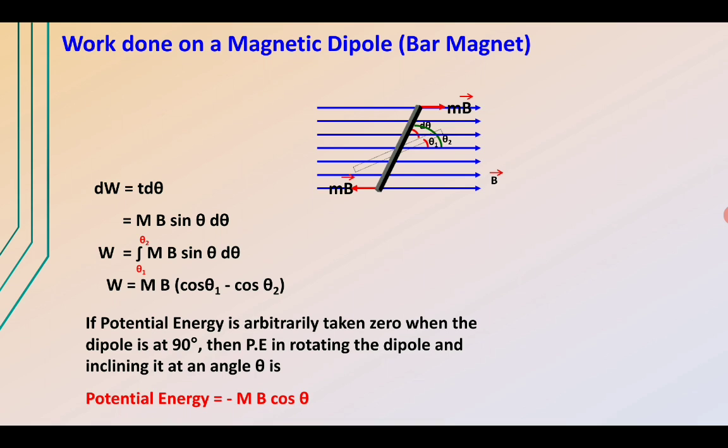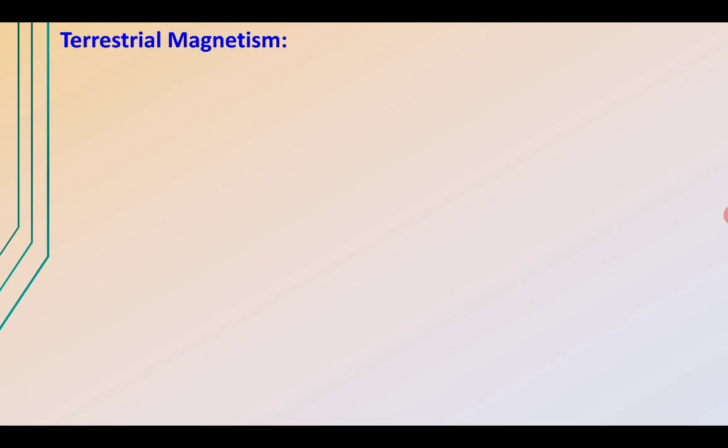Now there are many examples for this potential energy and the couple created by the torque acting on a bar magnet in a uniform magnetic field, such as the current loop as a magnetic dipole, or the magnetic dipole moment of a revolving electron as the electron revolves around the nucleus. So these are particular applications of this torque.